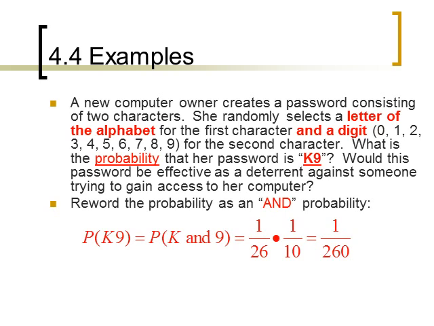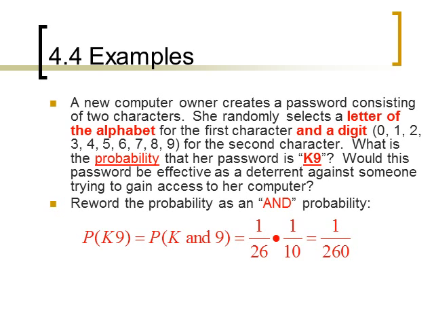Because this is AND means multiply. So my first probability fraction should correspond to the probability that she selects K. So how many letters in the alphabet are K? Well, only 1. And how many total letters in the alphabet are there? That would be 26. So my first fraction for selecting a K is 1 out of 26.